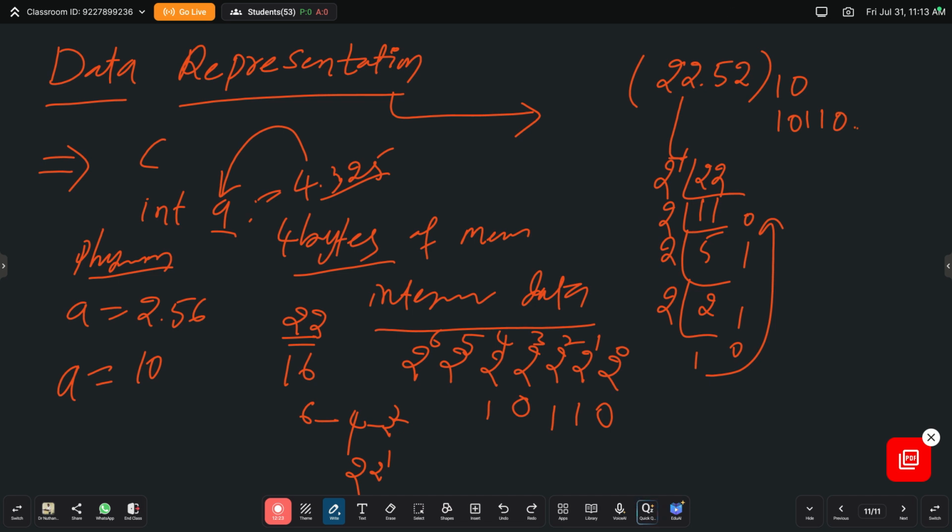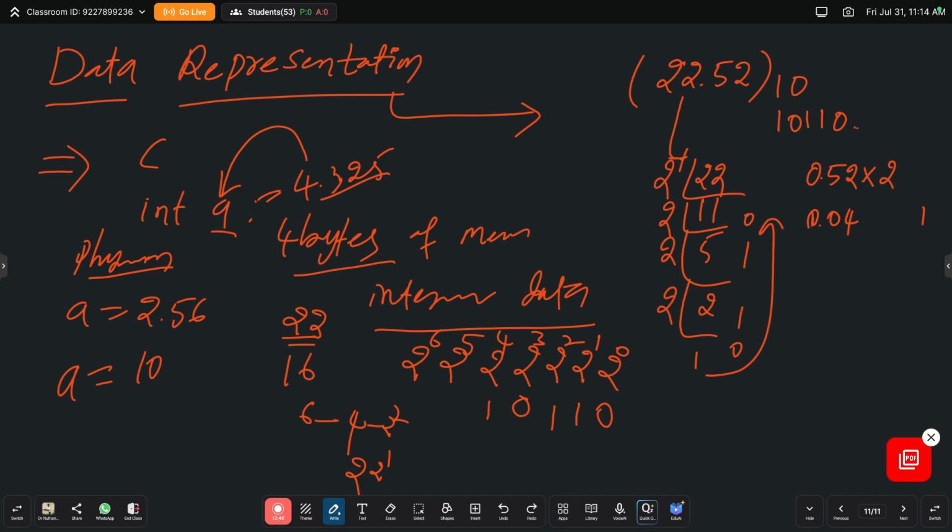After the fraction 52. How to do? 0.52 into, tell me, 2. Yes or no? What is the value? 1.04. Then this one you take.